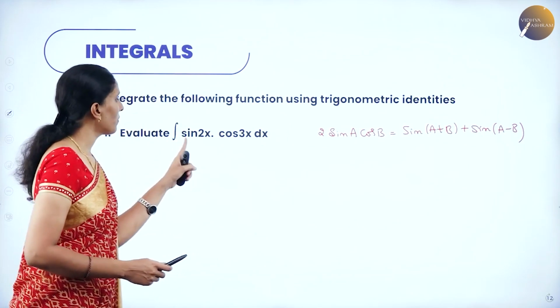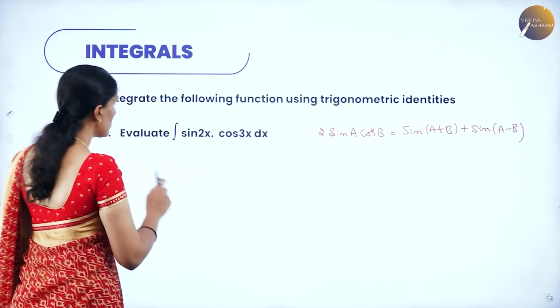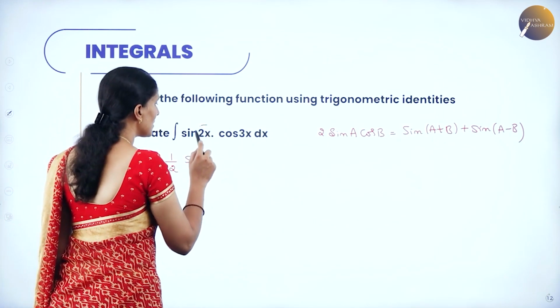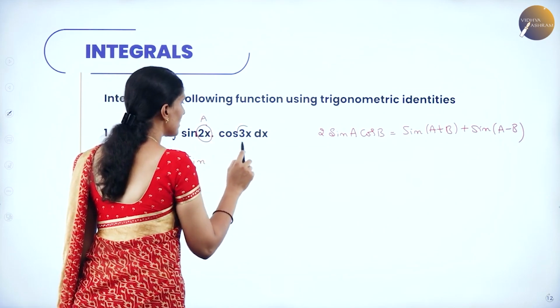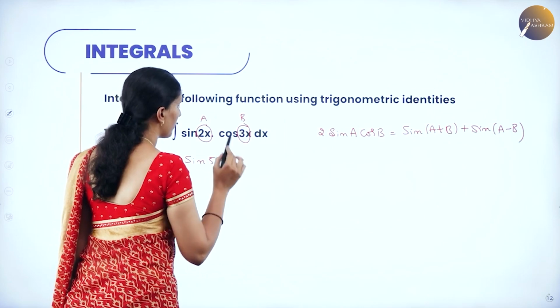We can shift the 2 here so that it becomes half of sin(a plus b) plus sin(a minus b), where this is a and this is b. So what is a plus b? This is 5x.